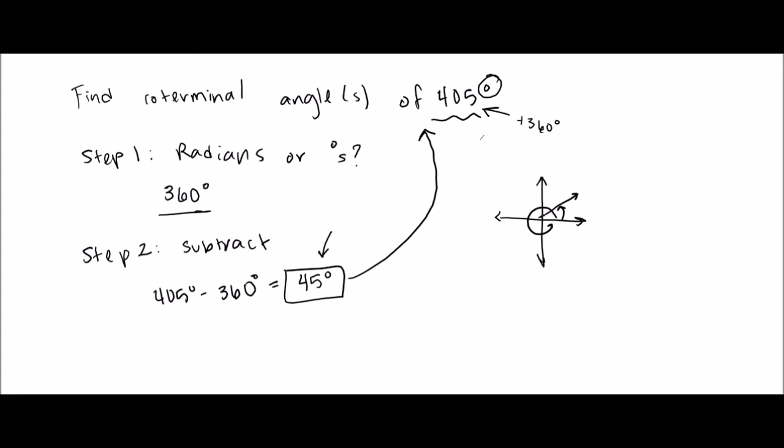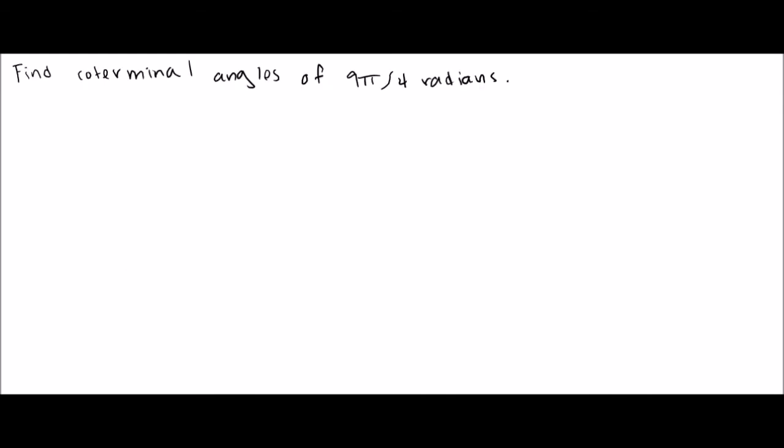So this is the angle that we're looking at. We could go on to go around the circle another time, or another time, we just add 360 degrees every time we did that.